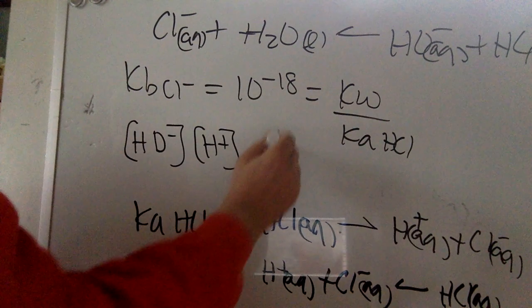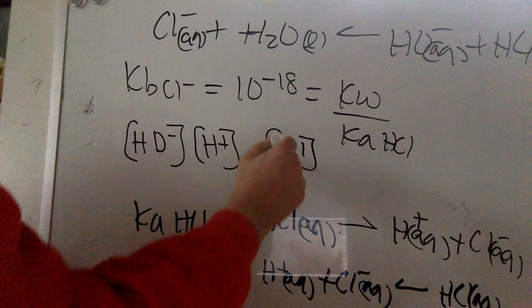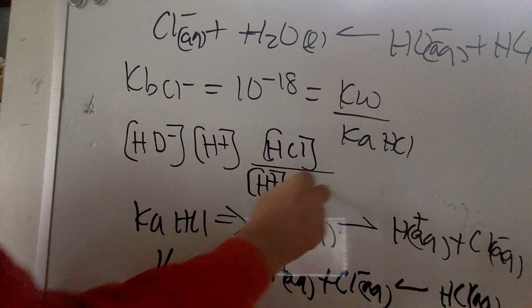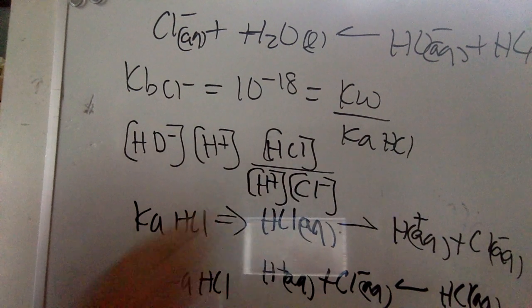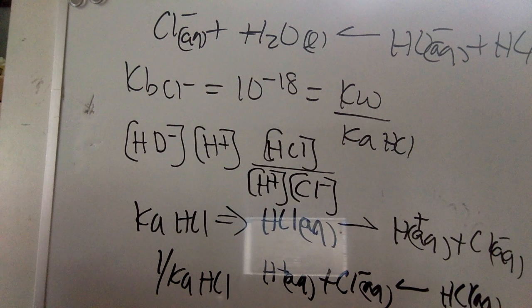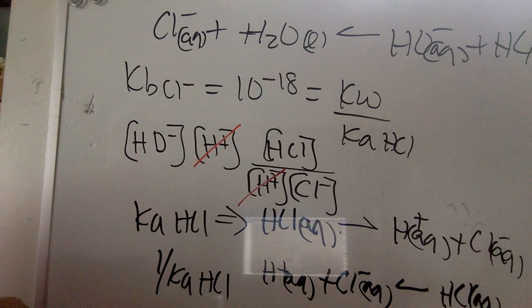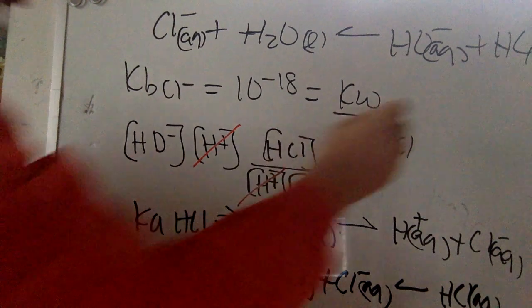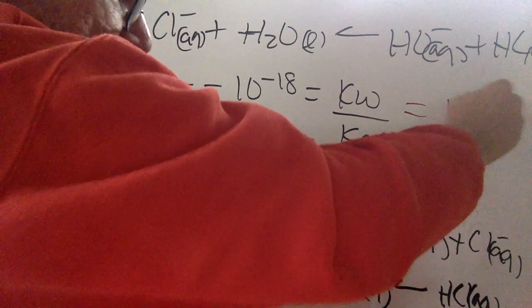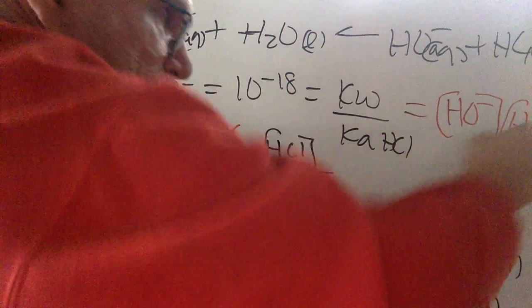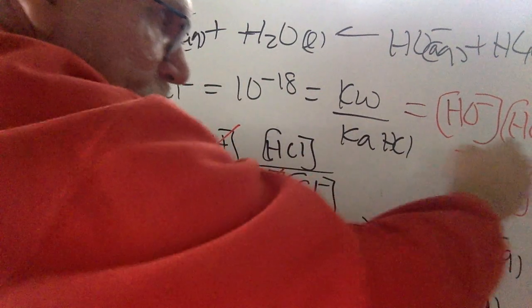So products over reactants would be HCl concentration divided by the hydrogen ion concentration times the chloride ion concentration. And if we notice, which is nice about this modeling, which is not the best, but it works, that the hydrogen ion cancels out, and we in fact get the equilibrium constant for this process. Here we got hydroxide times HCl concentration divided by the chloride ion concentration.